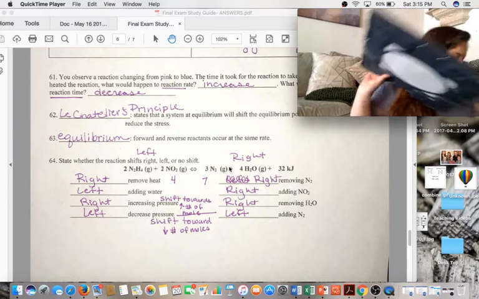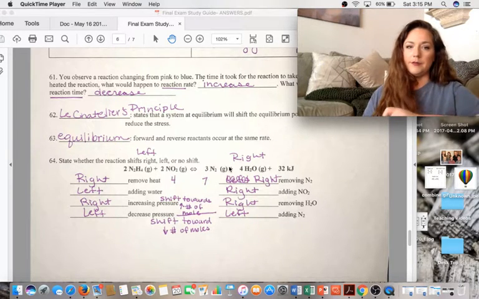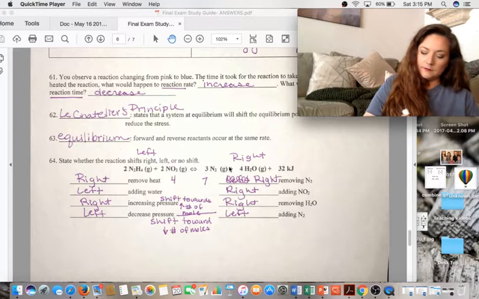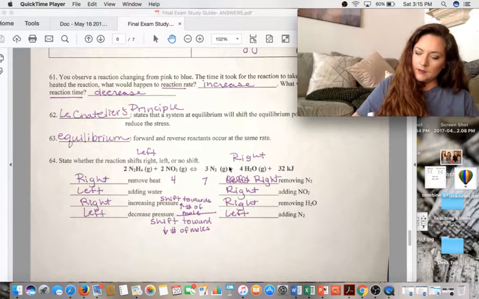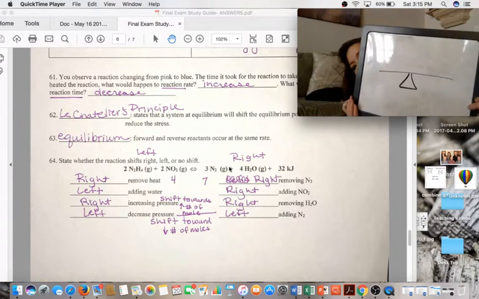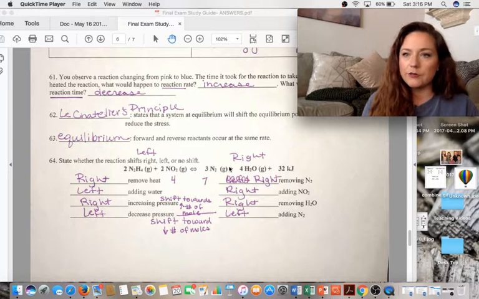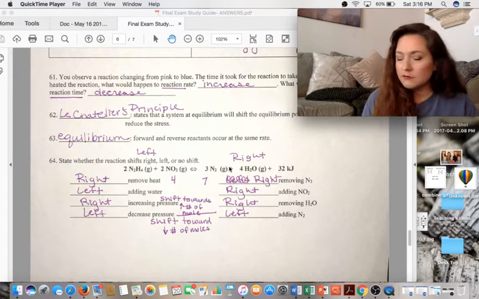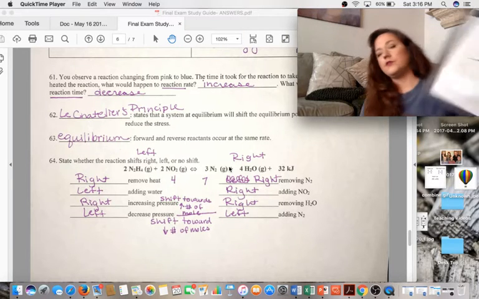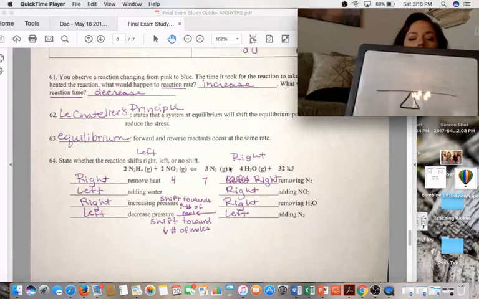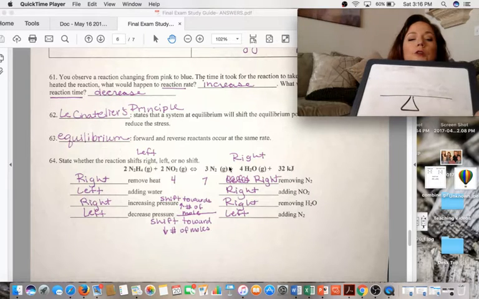And I'm trying to draw this so it's a little better. So think of a seesaw like this. I know this is kind of silly, but once you understand the concept of removing a child on and off a seesaw, it makes it a lot easier. So in this case, let's do adding water.